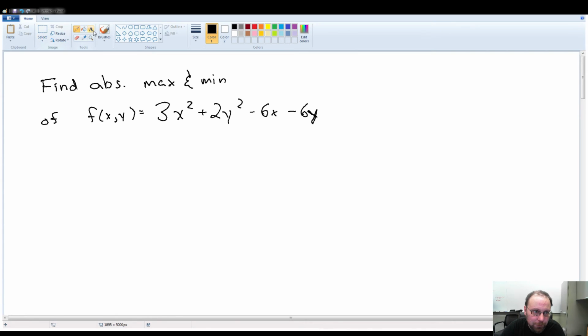Darn it, that's a y for sure. But we want to restrict this function to be on this, I guess, elliptic disk. So we're restricting ourselves to the region in the plane which satisfies this inequality.